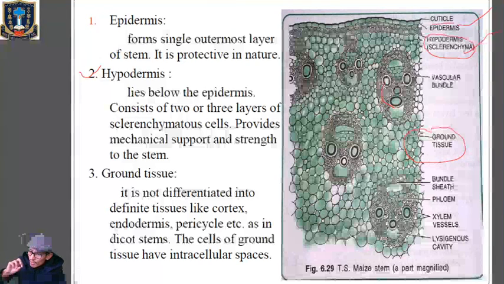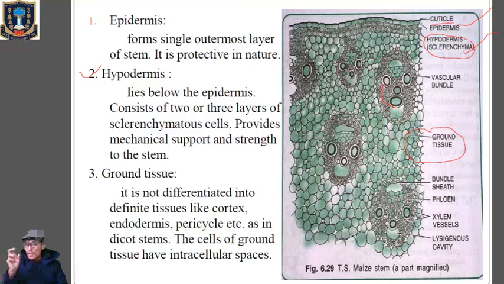When we look into the structure of the cells of the ground tissue, we can see the presence of intercellular spaces. This ground tissue is made up of parenchyma cells, and it extends from the hypodermis to the center of the stem, that is the pith.